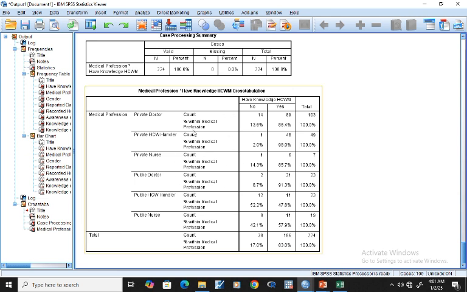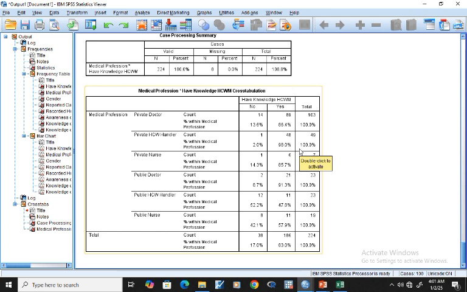Here we still need further statistics to help us know what we are observing. Is what we are observing here for these private waste handlers statistically significant or not?